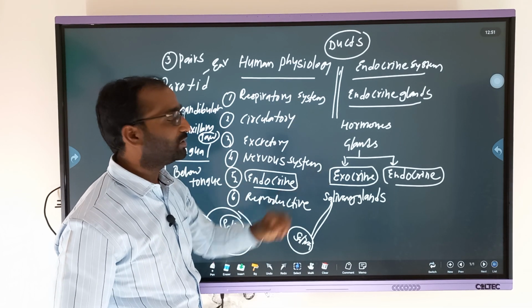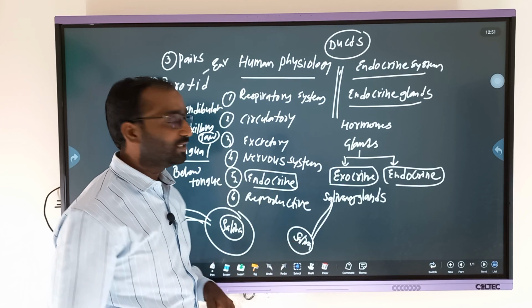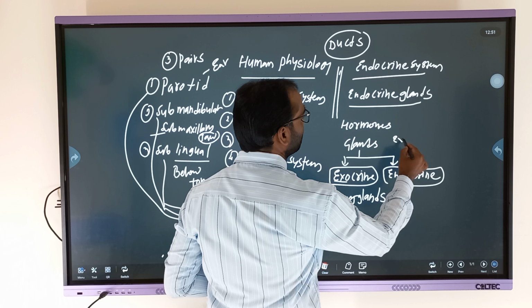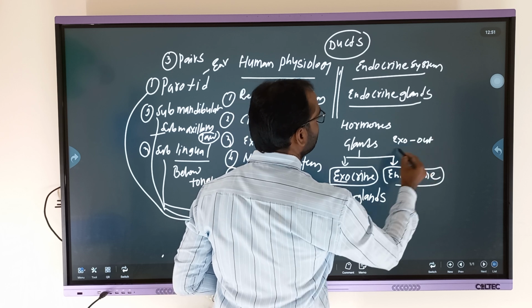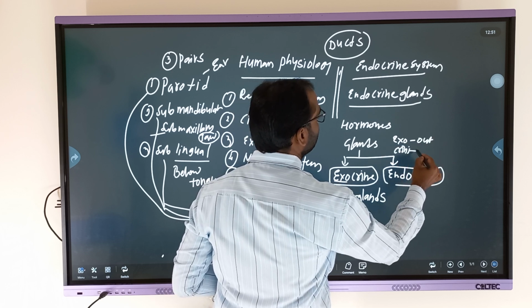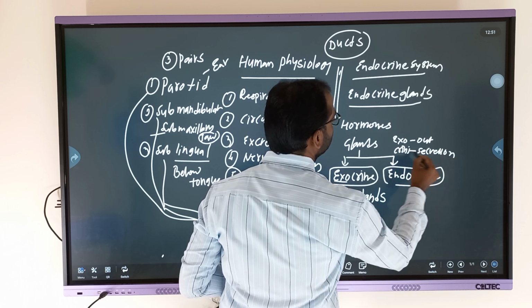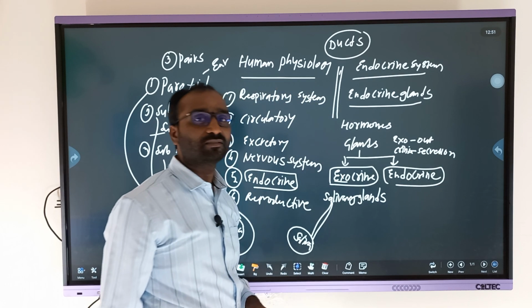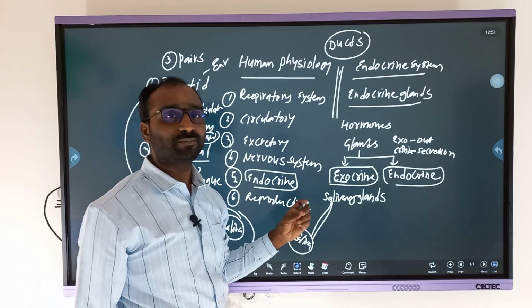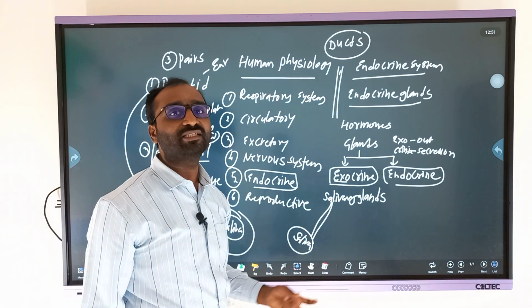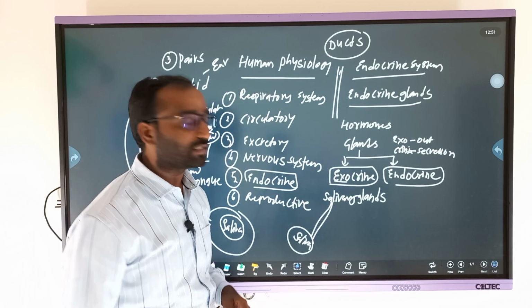That is the reason these are called exocrine. Here, exo means out. The term crine is nothing but secretion, meaning the secretion which can be sent outside through the ducts. Hence it is called exocrine glands.